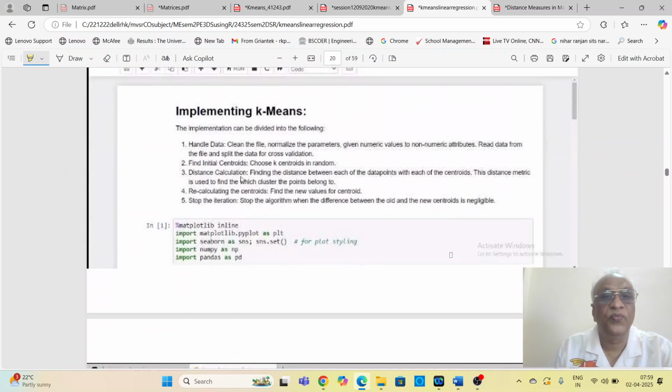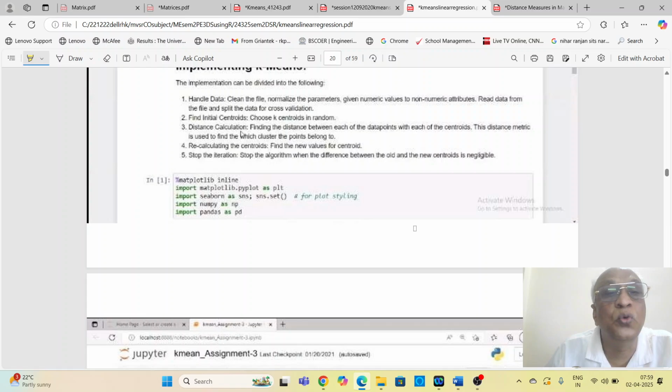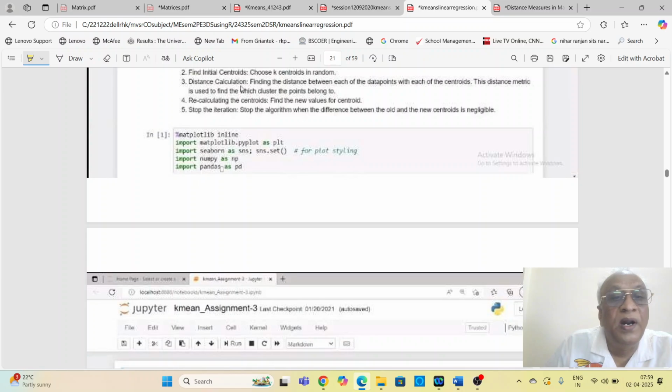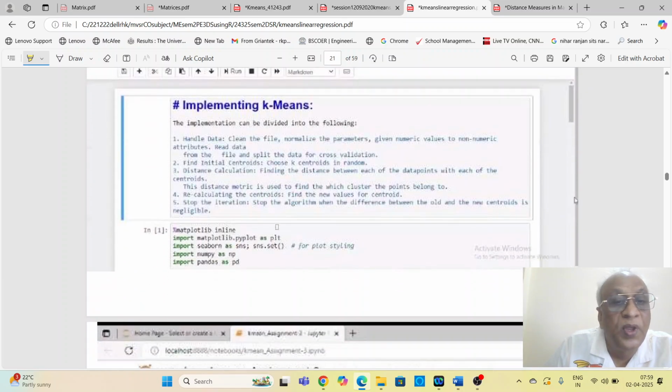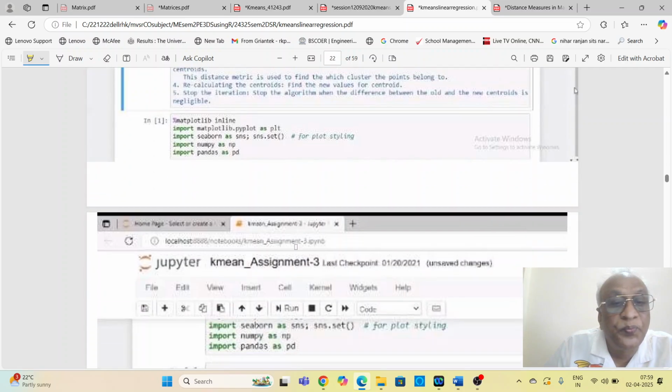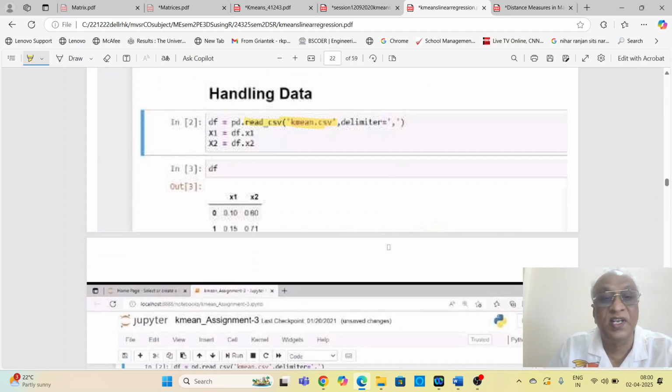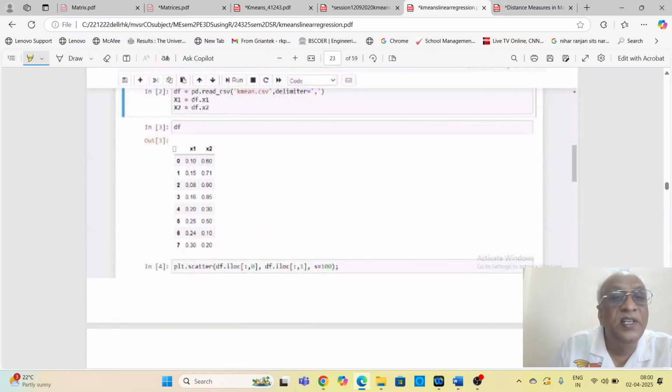Let us check. So you can see here in the Jupyter notebook, the Python code is mentioned here. Pandas, NumPy is coming, then Seaborn. Then I am reading a file, and the file name is kmean.csv. That file can be that Excel file which I mentioned. And these are the data points in that file.